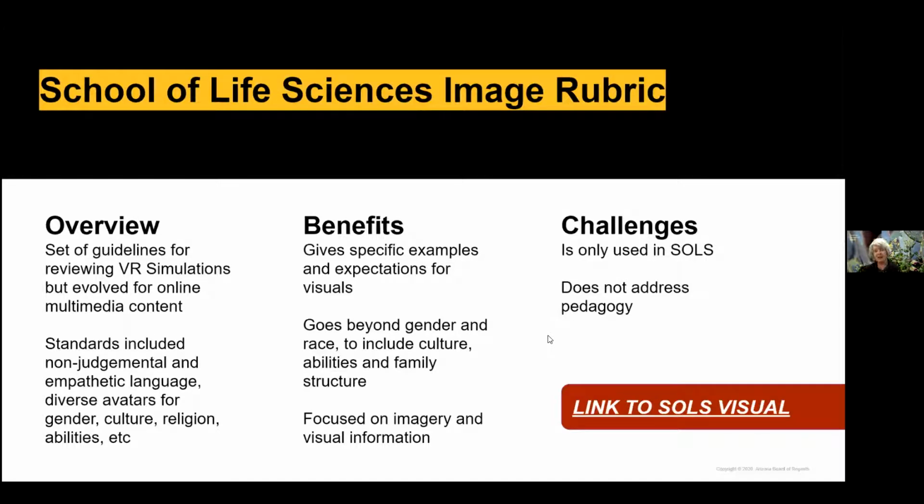In life sciences, this framework initially started because about 3 years ago, we were using a technology called Labster, we still are. And in our virtual reality simulations, we noticed that although our faculty developed the content and talked about the learning goals, they didn't develop the images. And so the images were being done by a vendor that was quite disconnected from ASU. So the idea was that ASU faculty knew what inclusive teaching was.